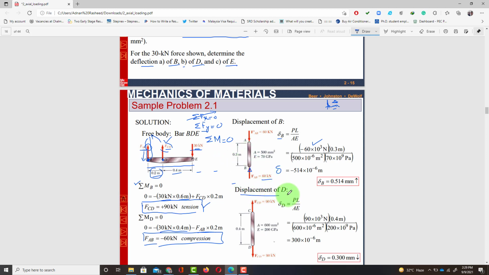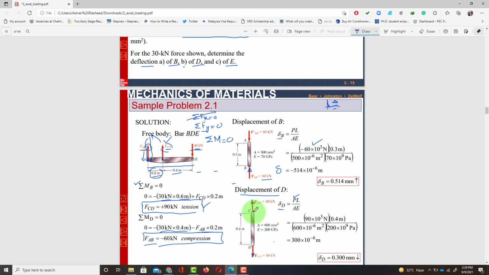Now displacement at point D. At point D we will draw the link CD. As this reaction force is upward, it means the force acting on link CD is downward. So now this force is creating tensile stress and tensile force. Due to tensile force there will be elongation, and that elongation in link CD can be found by using this formula, PL over AE.